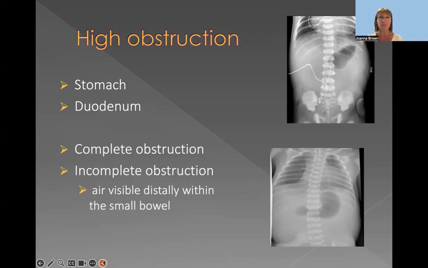We also need to think if the obstruction is a complete obstruction, as you can see here in these children. It means that no air is visible in the more distal part of the bowel, or we will have an incomplete obstruction when air is still visible distally within the loops of the small bowel.